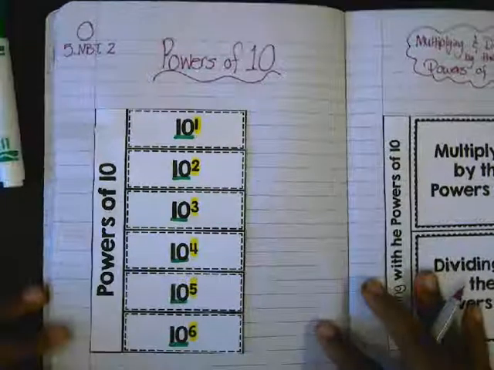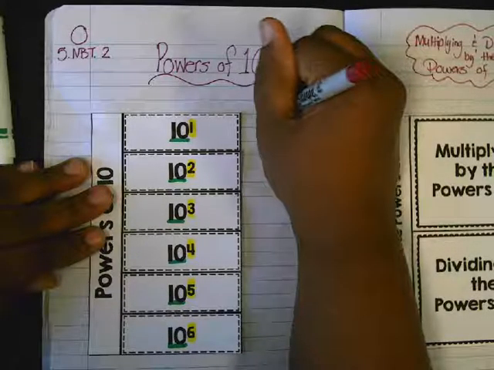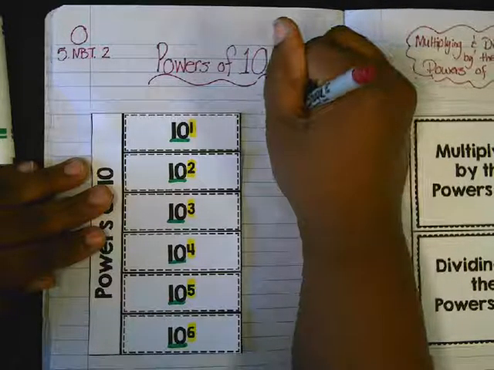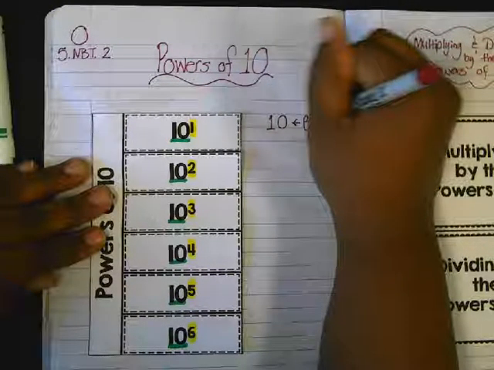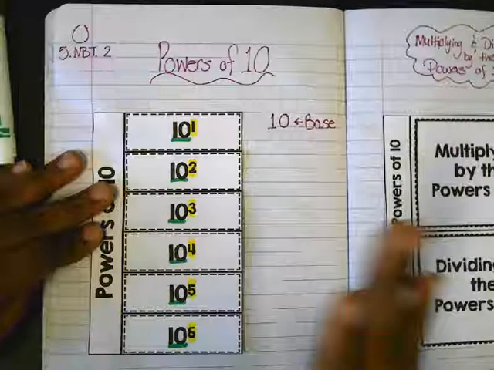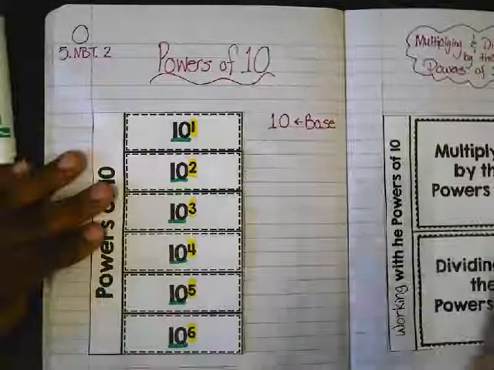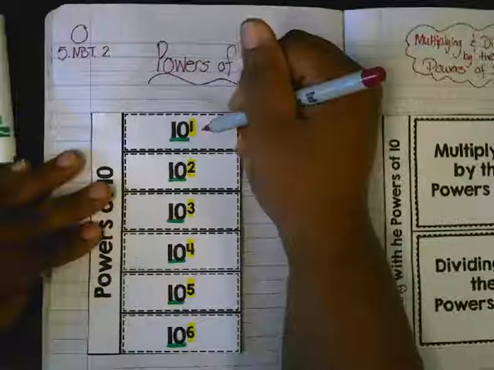So right here, we're going to make a note. The large number, which is the 10, this will always be known as our base. Base. That's kind of the foundation. That is what you're going to be multiplying according to what the exponent number is. So because I have 10 to the first power, this 10 is my base.